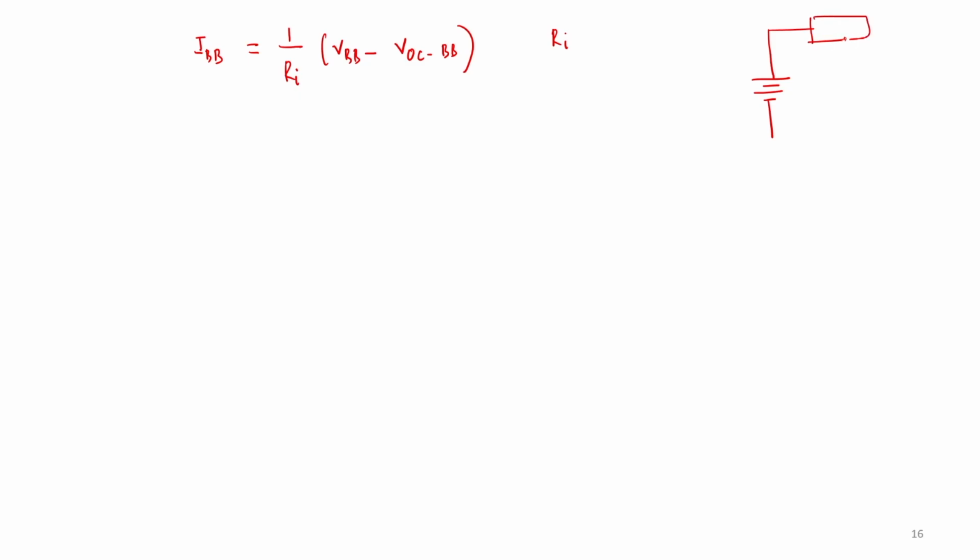So, this is like RI and voltage drop is VBB minus plus VOC BB. Because of this RI present here, this VBB will be different than VOC BB, okay. And also it depends on the current IBB flowing through the battery.